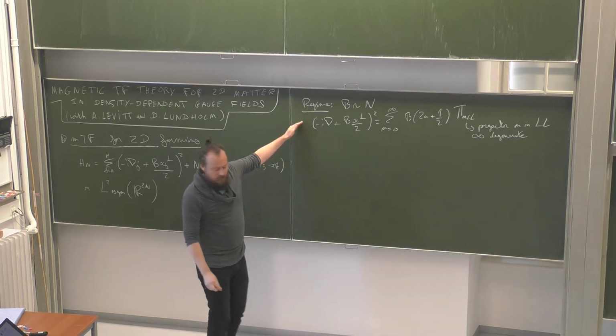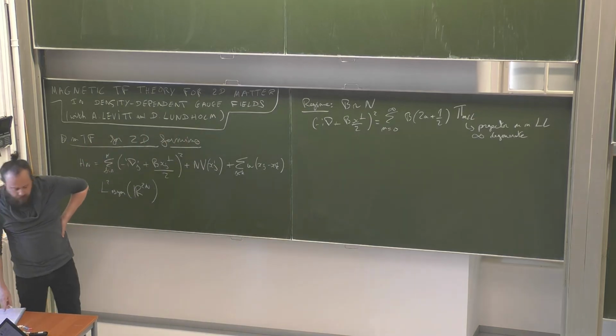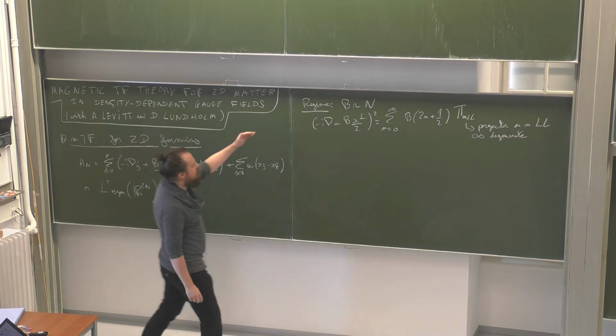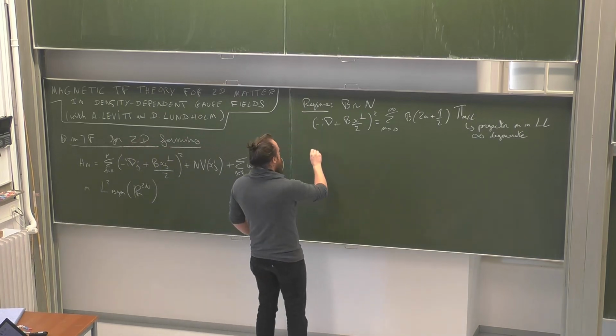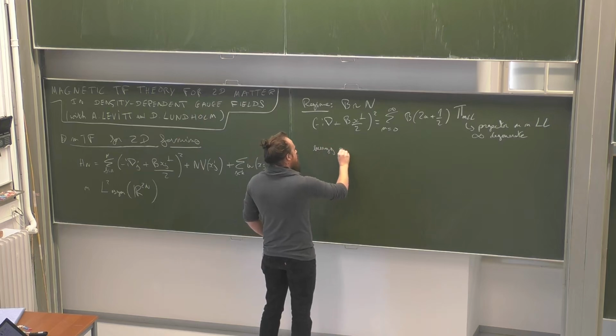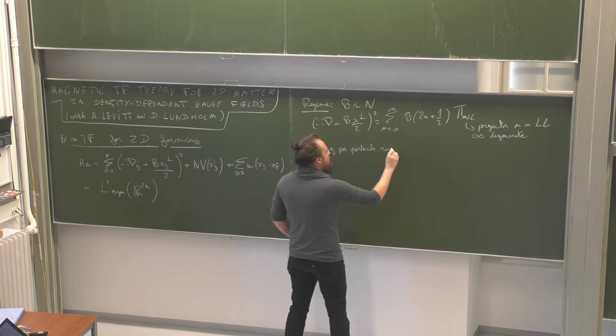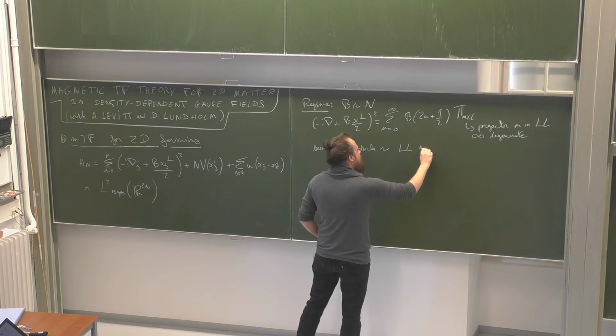Since the one-body Hamiltonian is like that, what you will see is that this regime, B proportional to n, means that on average the energy per particle is of the same order as the Landau level gap.